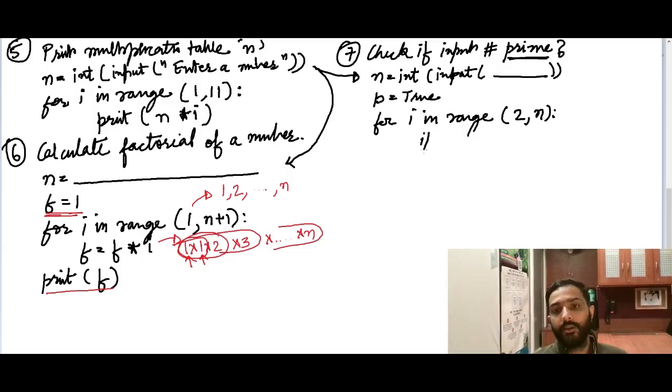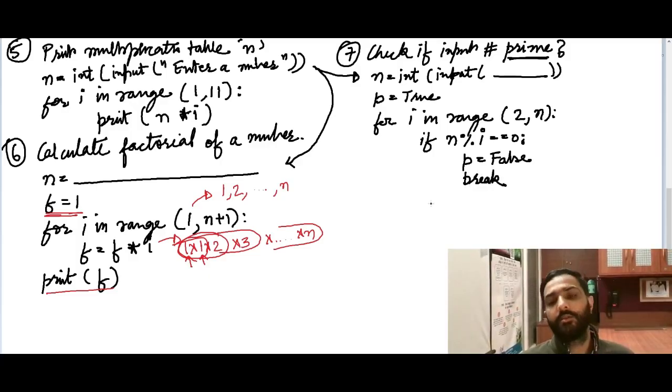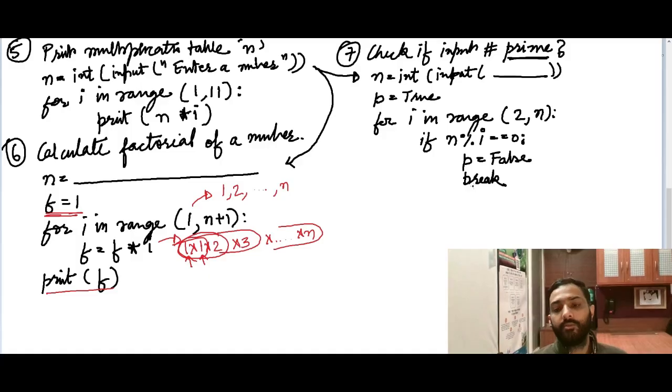So if n is divisible by i, then change the value of p to false, and break the loop. Actually, we need not break the loop also. It will work without breaking the loop also. Anyways, let us keep it.